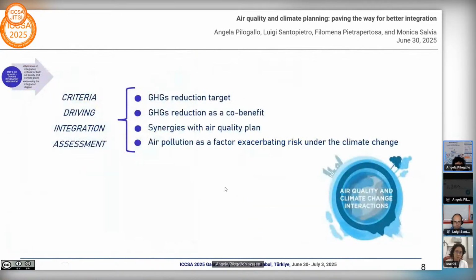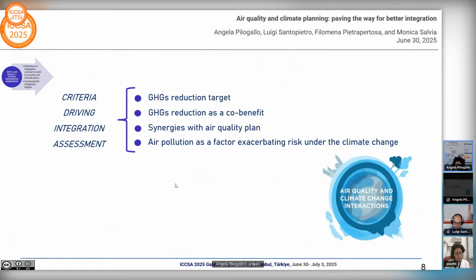Considering the second step of our methodology, we defined these four main criteria to assess the degree of integration between air quality and climate plans. So we checked if the plans included a GHG reduction target, or if this was recognized as a co-benefit of the measures included in the plans.